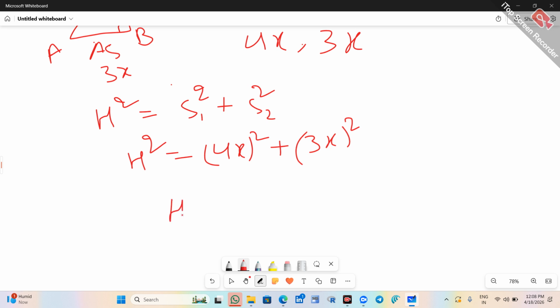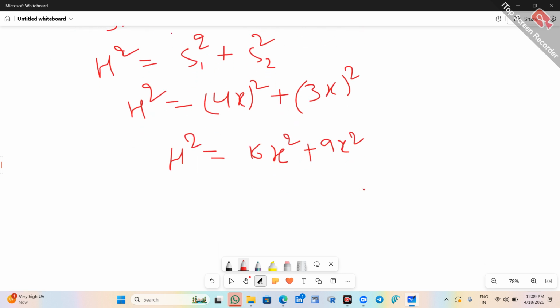Hypotenuse square equals 16x square plus 9x square, so we will get 25x square.